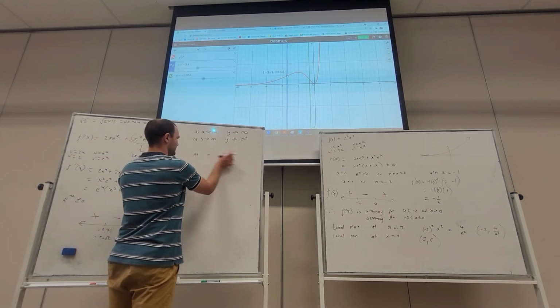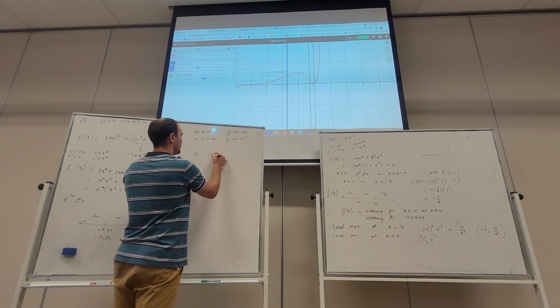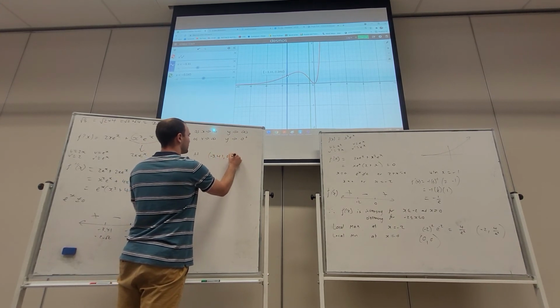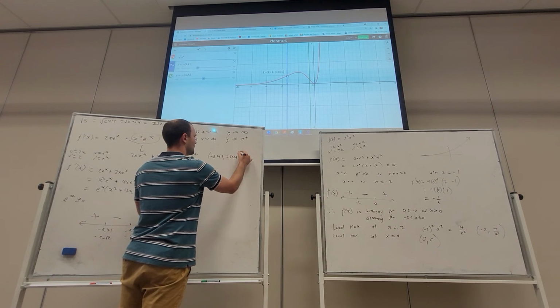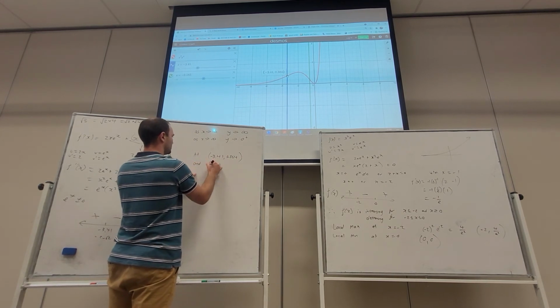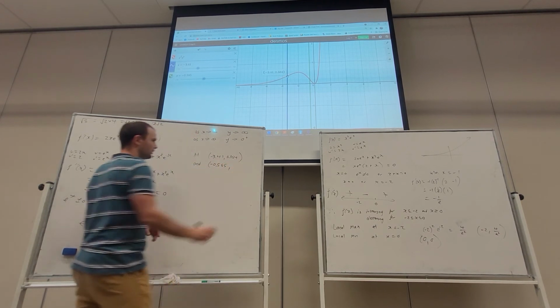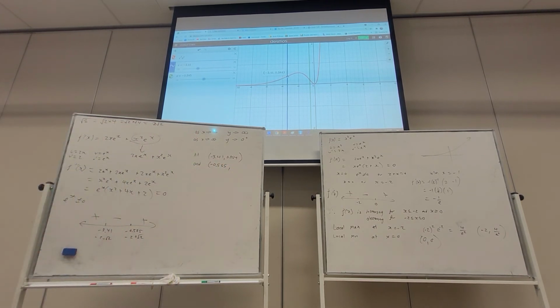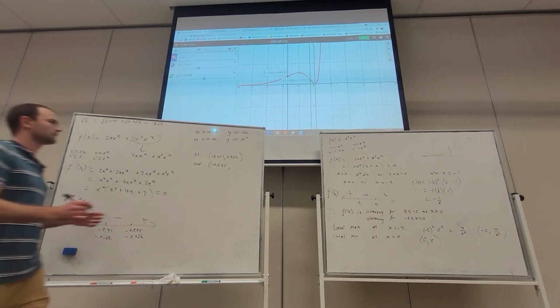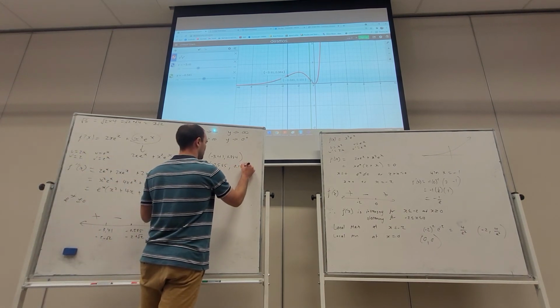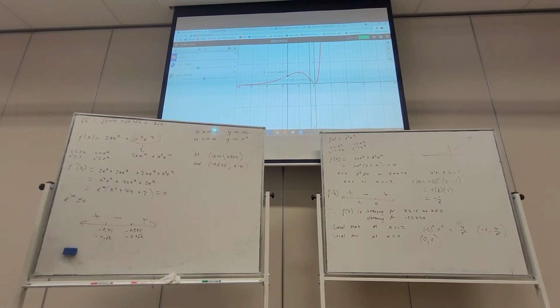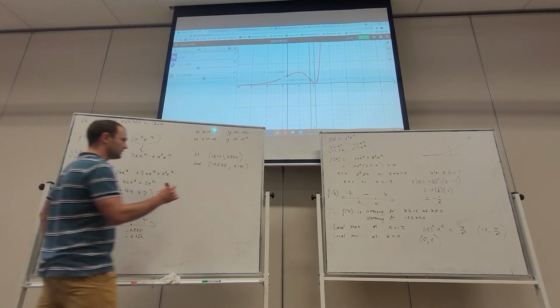So I might write this as a set of coordinates: minus 3.41, 0.384, and minus 0.585, the y value is 0.191. What kind of points of inflection do we have? Non-stationary.